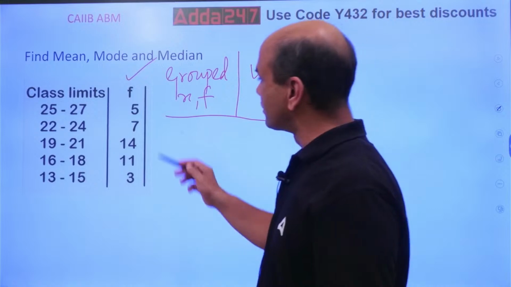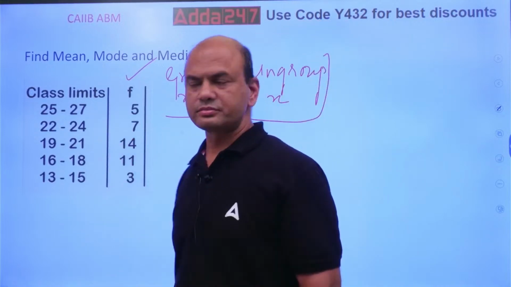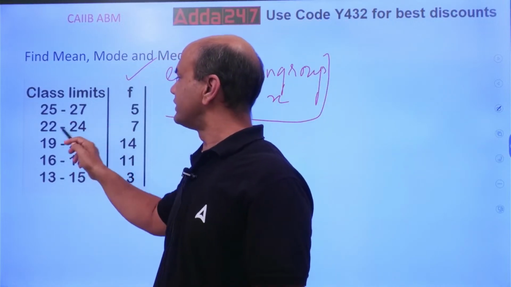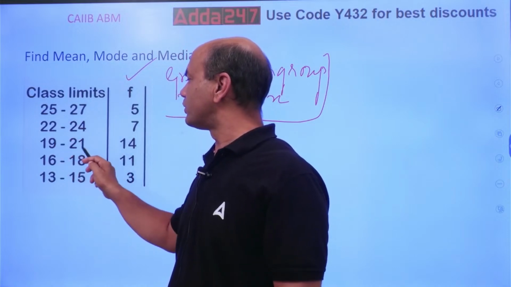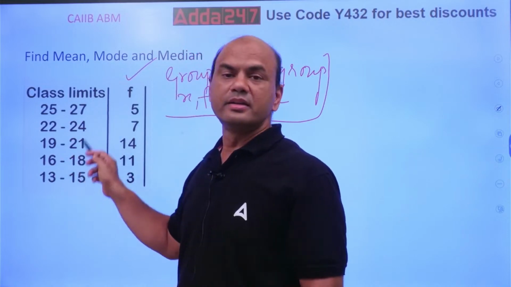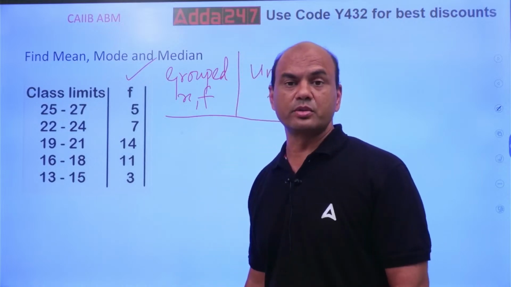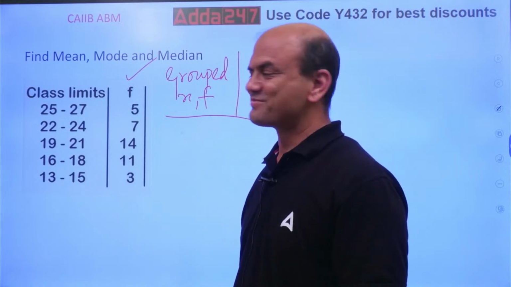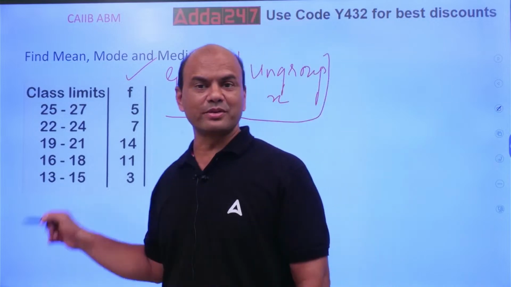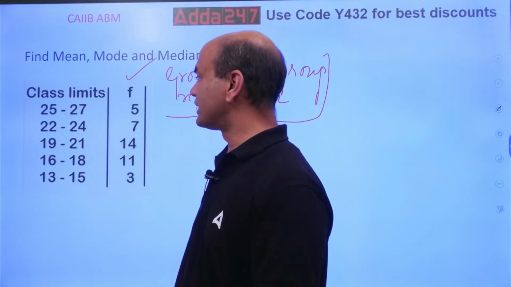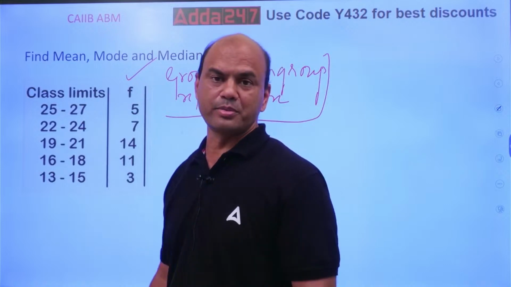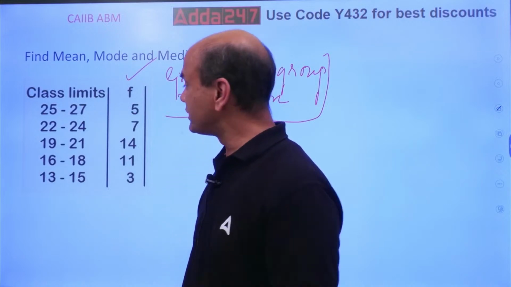Now what about this group? Focus on this group also. 25 to 27, 22 to 24, 19 to 21, 16 to 18. This group is called what, everyone? This group is called an inclusive group. Why? Because the ends are not matching.